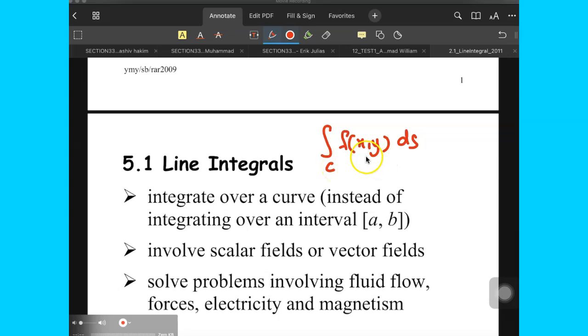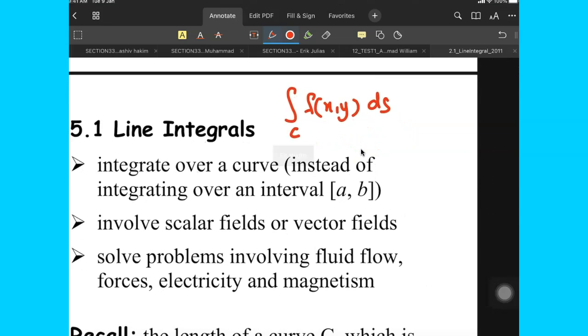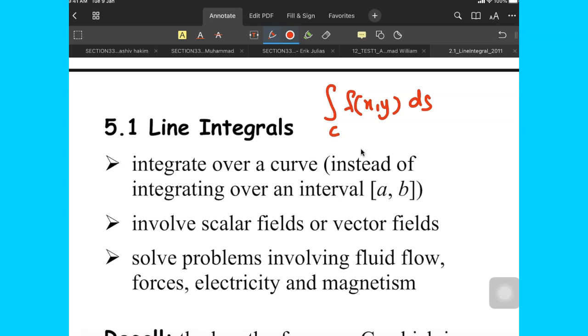For a 2D system, your integral can be in terms of x or y, or x and y. But if the curve is in space, you have another variable, which is z.